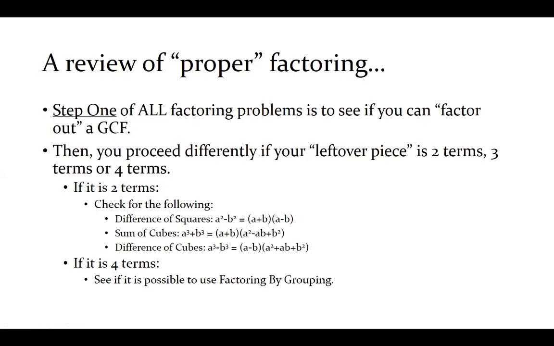For difference of squares, a squared minus b squared, the first thing squared minus the second thing squared, it's the first plus the second times the first minus the second. A and b are the things that we square to get a squared and b squared.